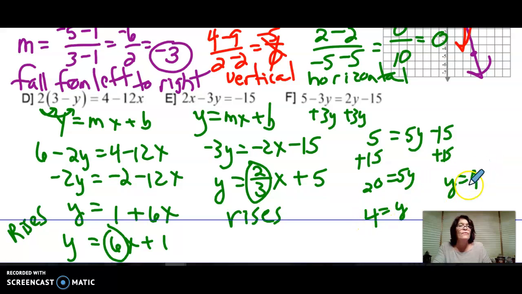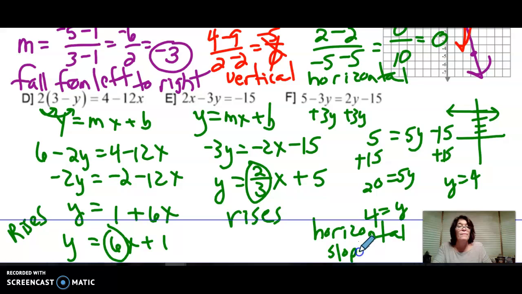Well, y equals 4 means the y coordinate is always 4. If I graph that, it would just be a horizontal line up here at 4. Y equals 4 is a horizontal line with a slope of 0.